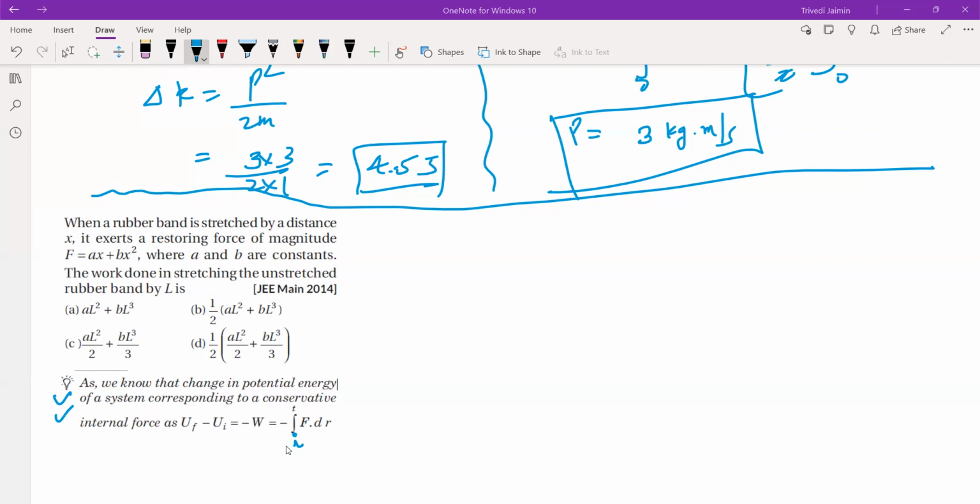I'll give you only 1 minute to solve. 20 seconds up.